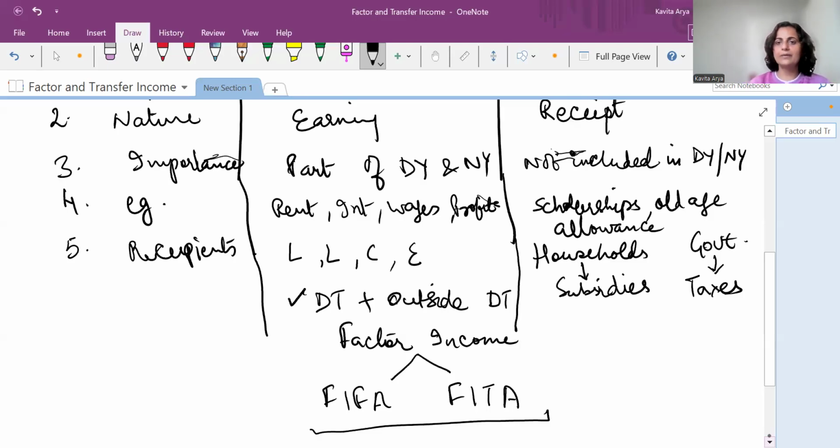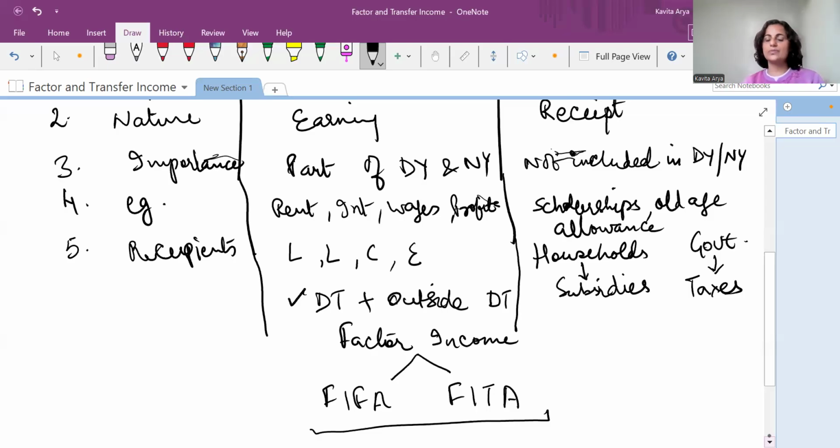And on a very similar note, receipts can also happen within the domestic territory and outside the domestic territory also. Within the domestic territory means a child getting pocket money from parent, right? And scholarships received by anybody, the students, any subsidies given by the government to us.